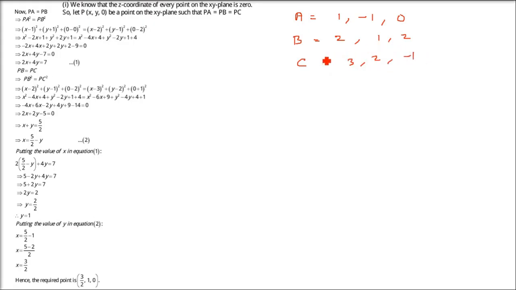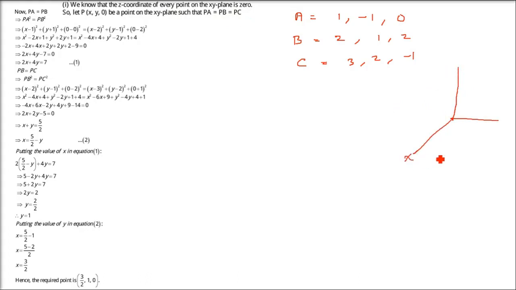So we have to find the points in xy plane. Whatever I am doing for the xy plane, exactly the same thing you have to do for the yz and zx planes. In the xy plane, what do we know? We know that z is 0.